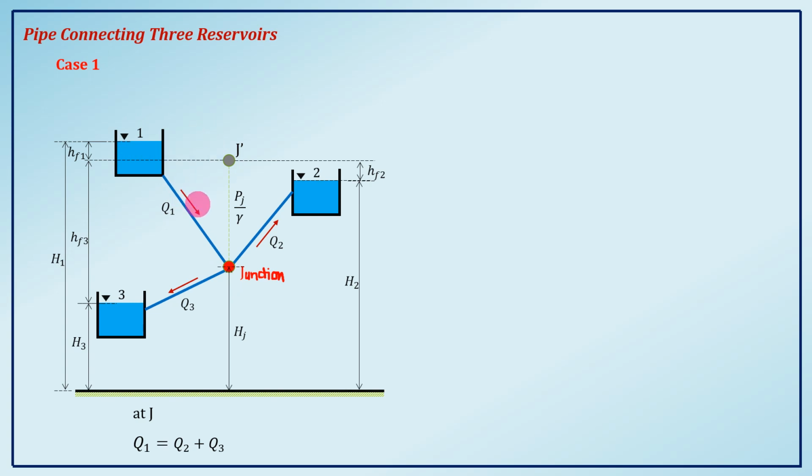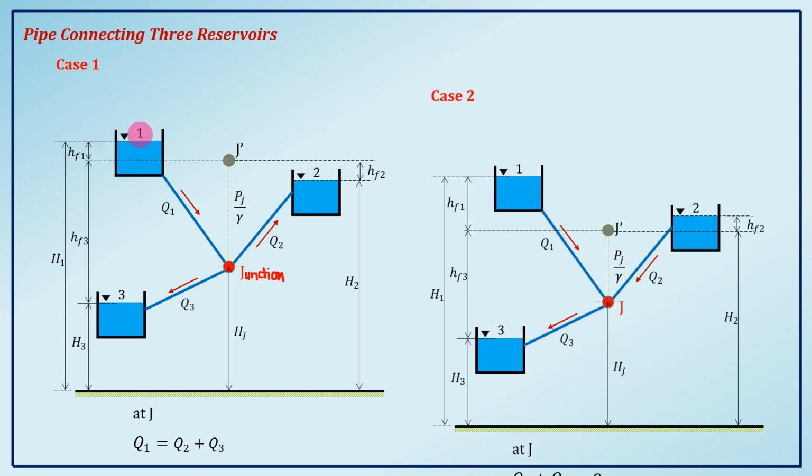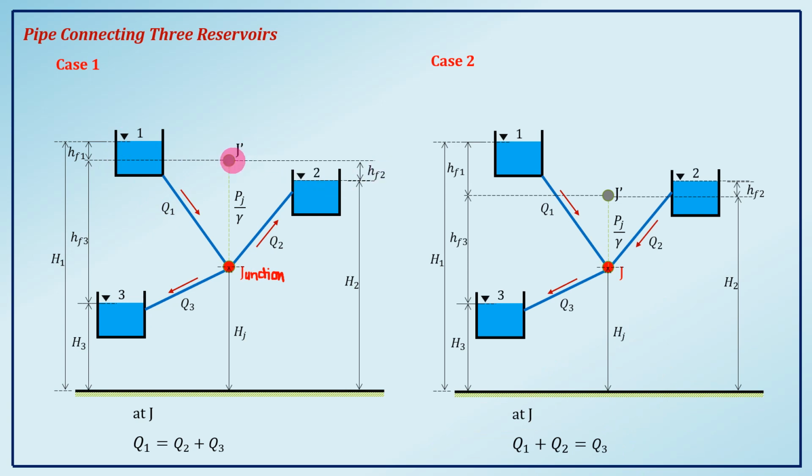So, paghahatian nung dalawang reservoir natin yung flow na 'to from your reservoir. That is your case 1. Now, yung case 2 naman is yung mababa si point J prime dito sa second reservoir natin. Tapos mataas siya kay third reservoir. So, that is our case 2.